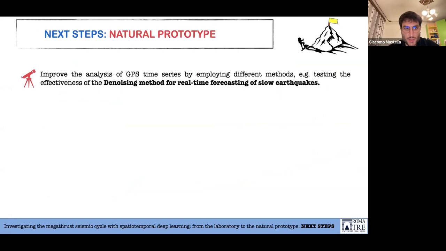So the next steps of my work will be dedicated to improving the analysis of these GPS time series by employing different methods and testing the effectiveness of the denoising method for real-time forecasting of slow earthquakes.